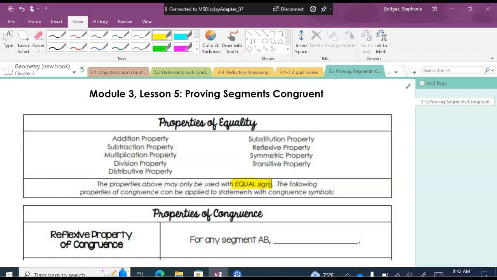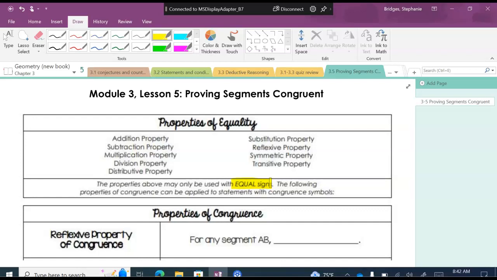Okay, so when we do proofs, the algebraic proofs like we did the other day, you have to support every step in your problem solving. You cannot assume that I know anything when you're writing these proofs. So just because I say something is congruent, you cannot assume that I know that means equal.